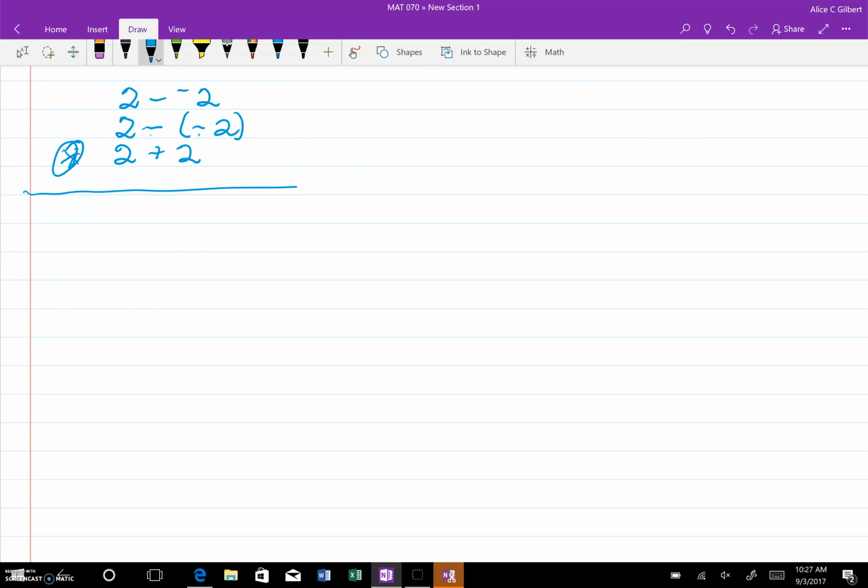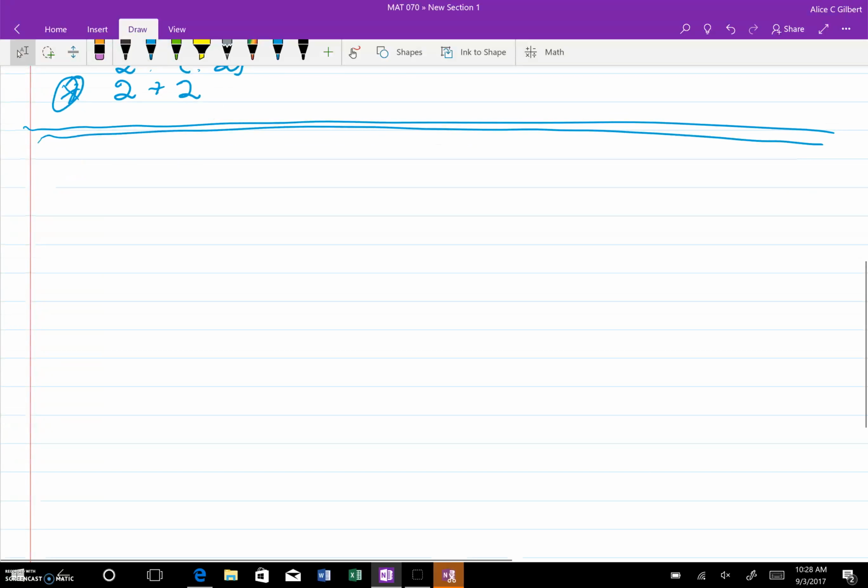Okay? So here we go with the rules for adding and subtracting. Every time we have just positive and negatives between any numbers that we're working with, I want you from now on to always look at it and think, this is an addition.